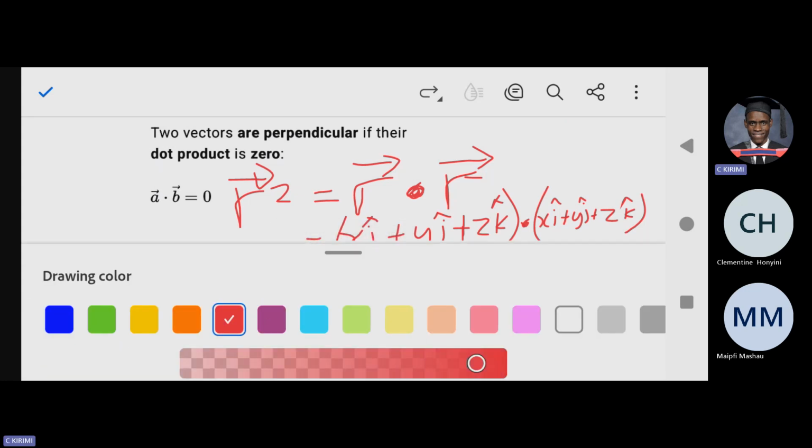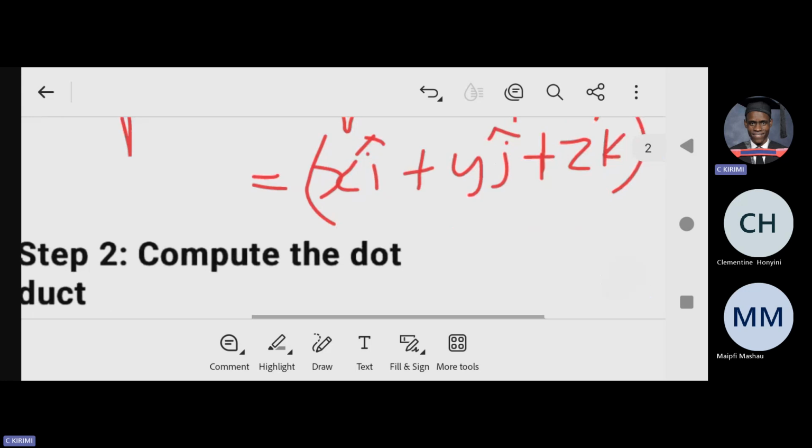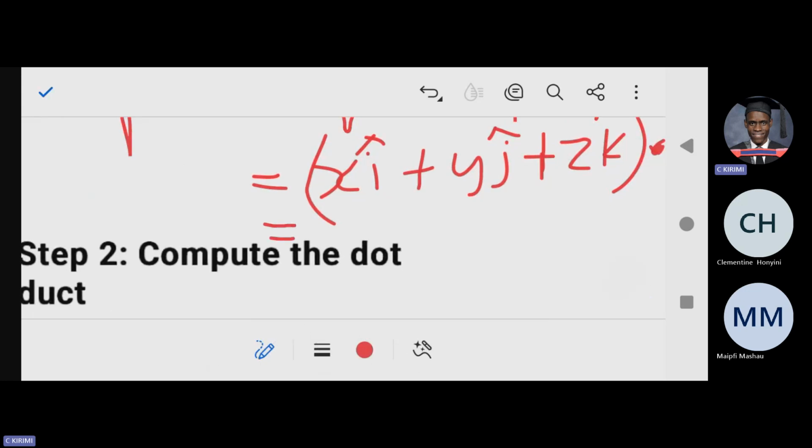Let's continue in red so we agree with each other. The result of the dot product is a scalar. So this r squared that we are looking for as a vector is equal to x squared. Can you see? x squared. Then the second component.